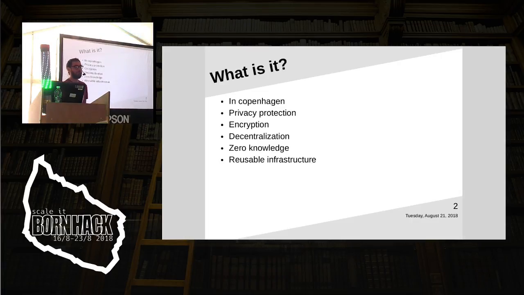We want to protect our privacy, and we want to encrypt stuff so that when we talk to other services on the internet, we provide the right encrypted mechanisms. And we want to use decentralized services, so we want to, say, be one of the instances of a decentralized world. What we also aim for is zero knowledge, so that Data Co-op in itself does not have insight into the data of its members. And that's an objective.